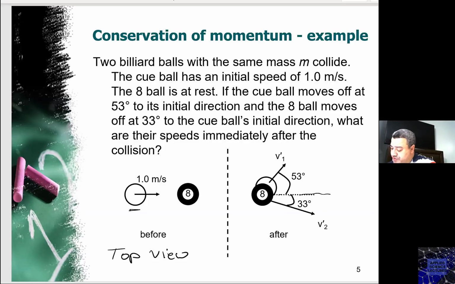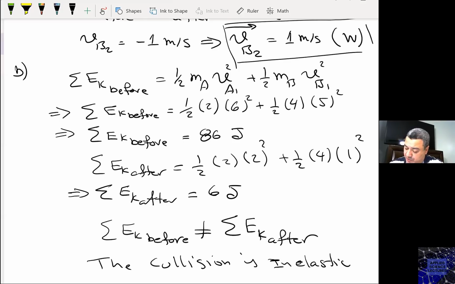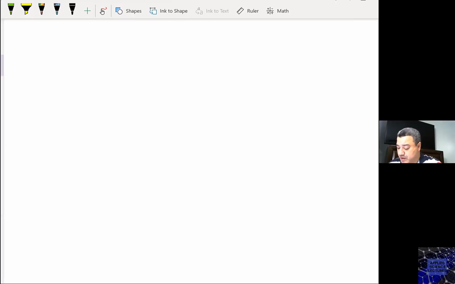What are their speeds immediately after the collision? We know now that those 2 balls have the same mass. One of them has an initial speed, the other one was at rest, and then they collide. So let's see how we can solve such a problem.